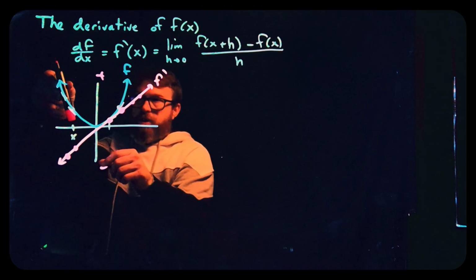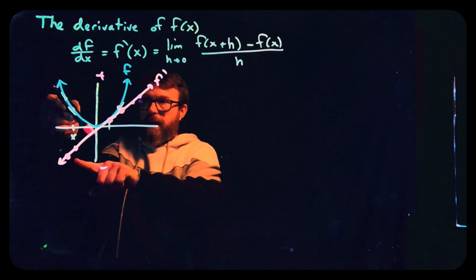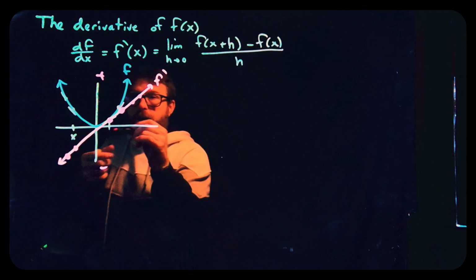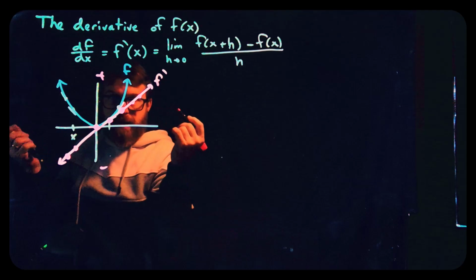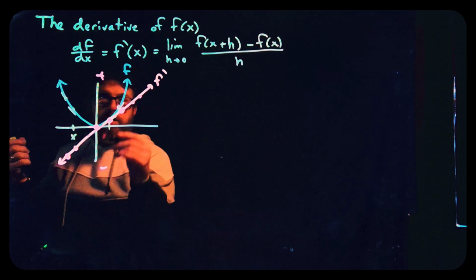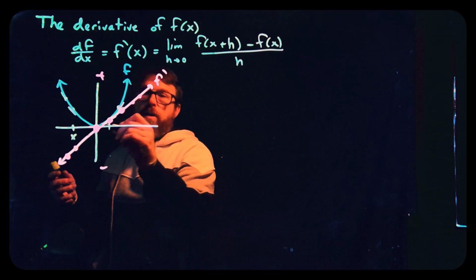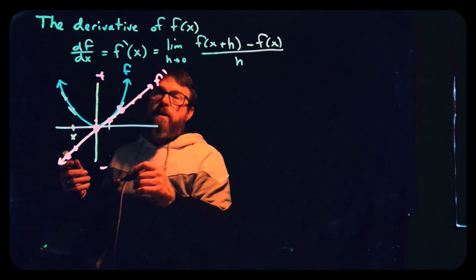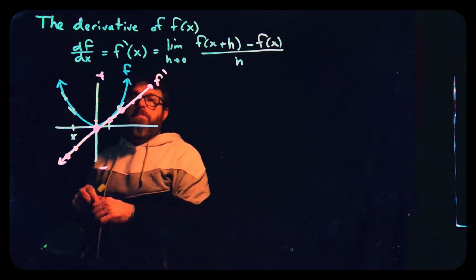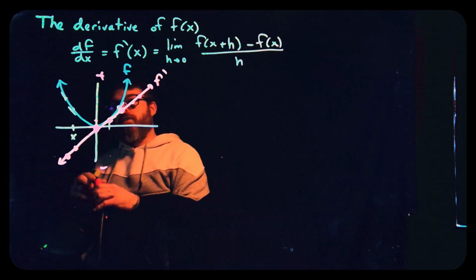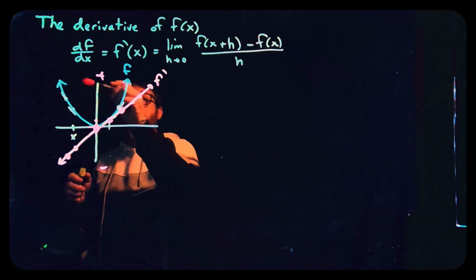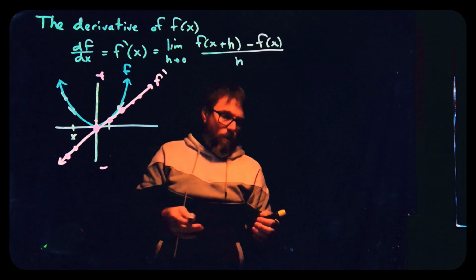Again, very negative slopes over here, then less negative, and at this particular point the slope of the tangent line is 0, so I got an output of 0. Looks like the slope here is about 1, so I get an output of 1. Really, the pink curve represents the slopes of the blue curve at every single point.